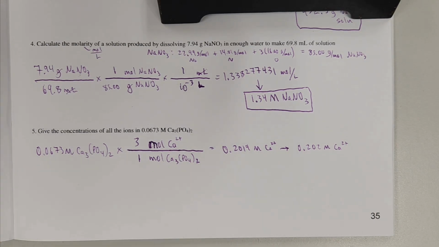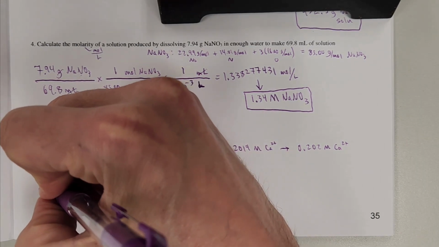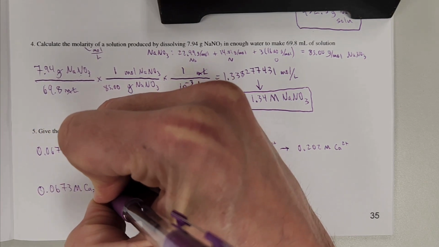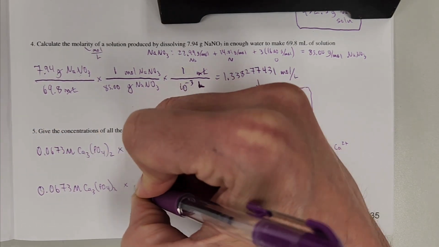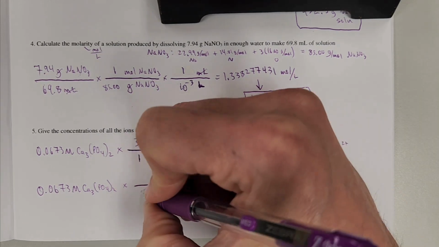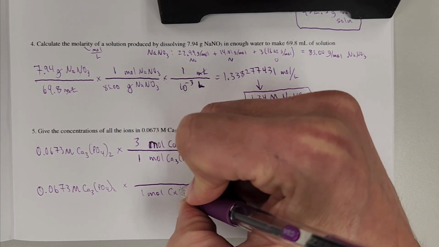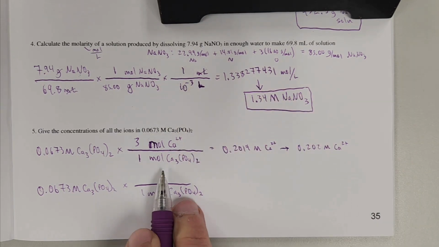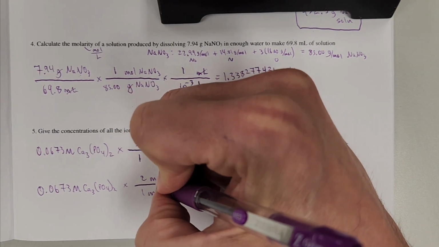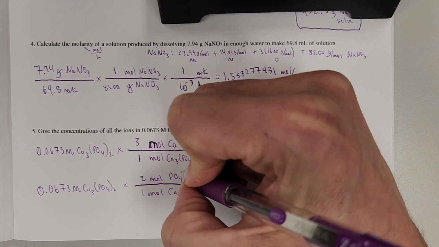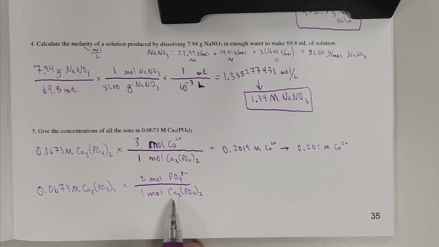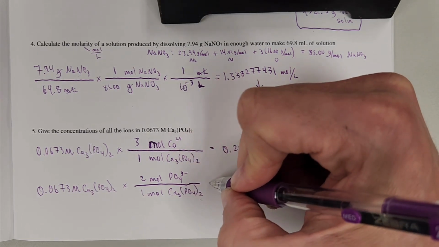Now we're going to take the same approach to the other ion, 0.0673 molar calcium phosphate. And the only difference is we're going to do phosphate this time. So 1 mole of calcium phosphate, rather than looking at calcium this time, now we're looking at phosphate, contains 2 moles of phosphate. Okay, we're all good why that's 2 moles of phosphate, hopefully. So 2 moles of phosphate for every 1 mole of the entire compound.